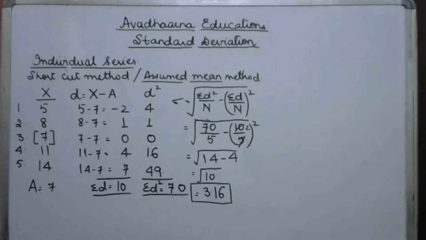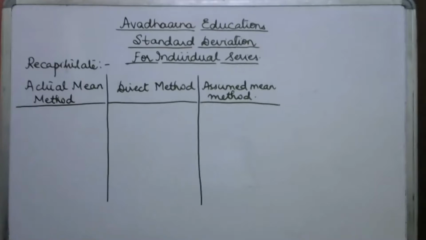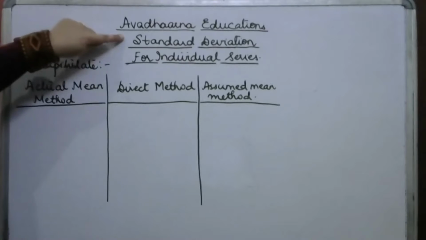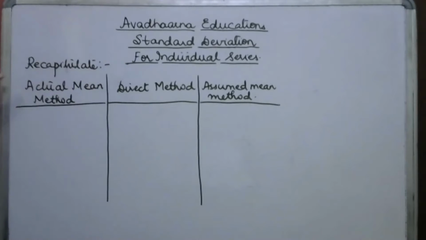I hope that the method of calculating standard deviation in case of individual series by shortcut method or assumed mean method is clear to everyone. Now let's recapitulate the formulas for calculating standard deviation in case of individual series.